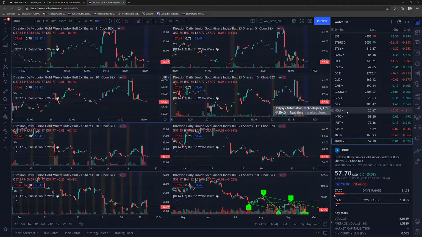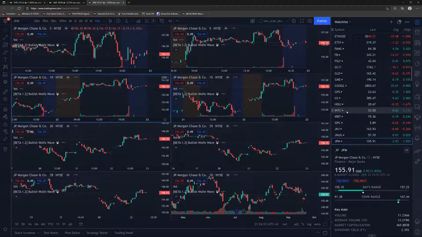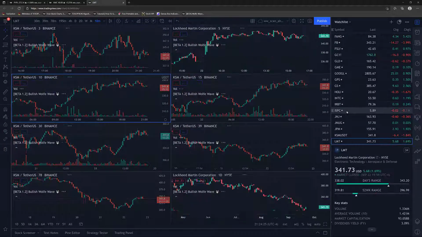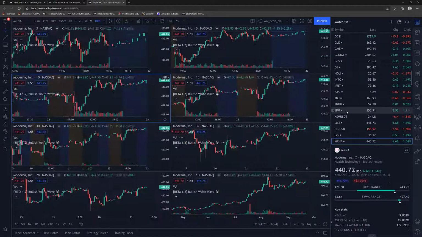Oh, look at that. There's a junior gold miners. That's a potential. I don't like to trade gold. JPM, some cryptos, Lockheed Martin, Las Vegas Sands.